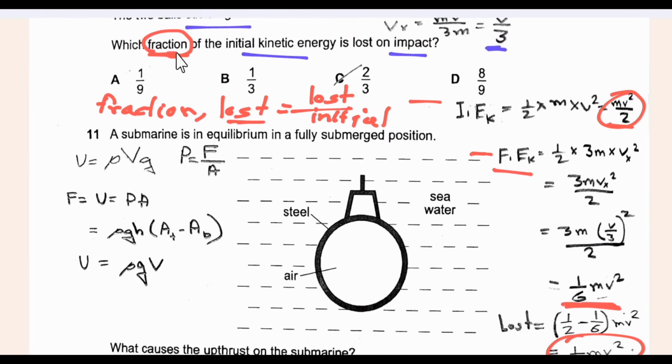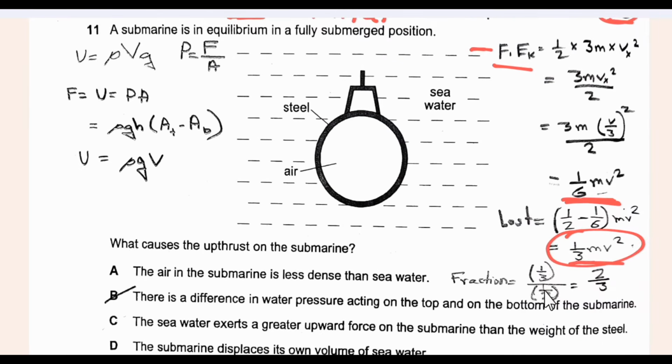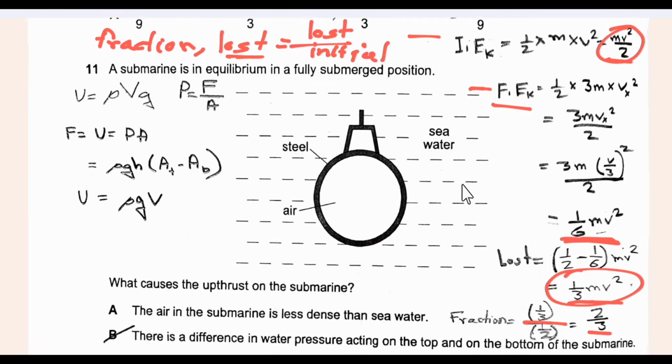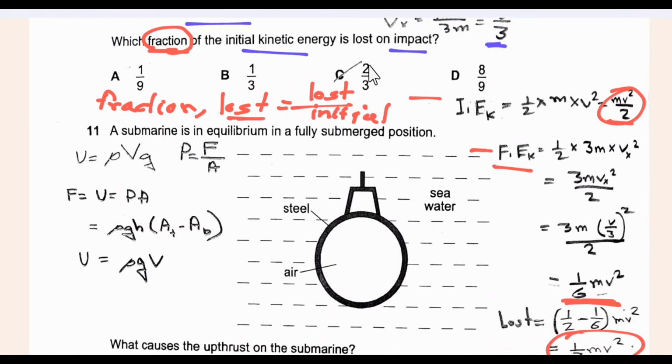So what is the fraction lost? The fraction lost is the loss divided by the initial or total value, which is m v squared by 2. After dividing, we get the fraction 2 by 3. So 2 by 3 of the total energy is lost, and the answer should be C.